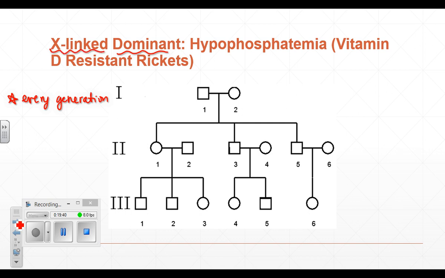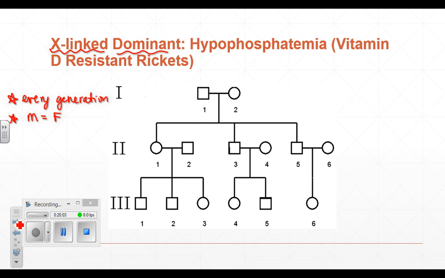Normally when things are X-linked, you would say that males are more affected than females, but not in this case. Because it's dominant, even if a female has 2 X chromosomes, she only needs 1 copy of the dominant trait to have it. So we would expect males and females to probably be equally affected by this.